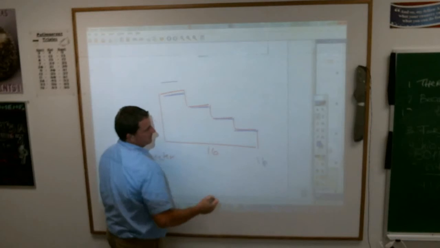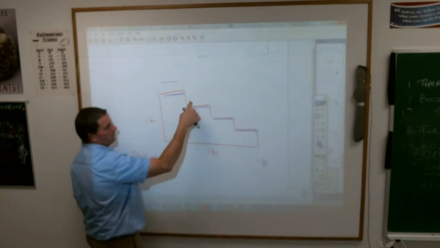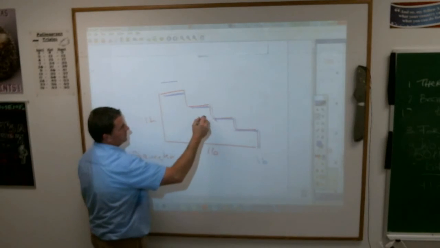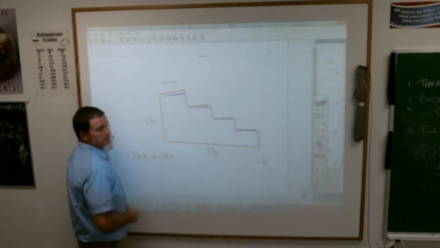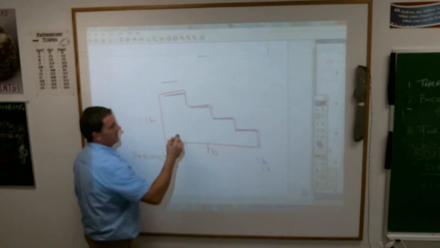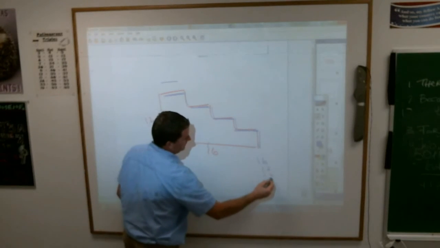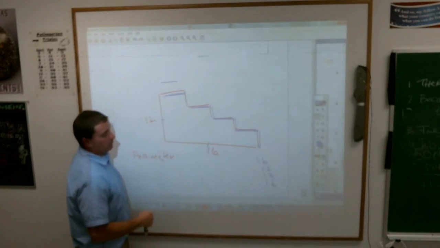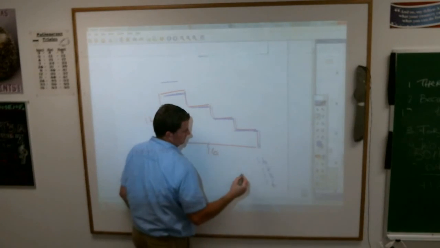So I can just take that 16, and that counts for all 4 of those. Just like if I add this chunk plus this chunk plus this chunk plus this chunk, it's going to be the same as this side, which is 12. And then I just add these 2 together, and I get 12 and 16, 12 and 16, which ends up being what, 24 and 32? How about what, 56?